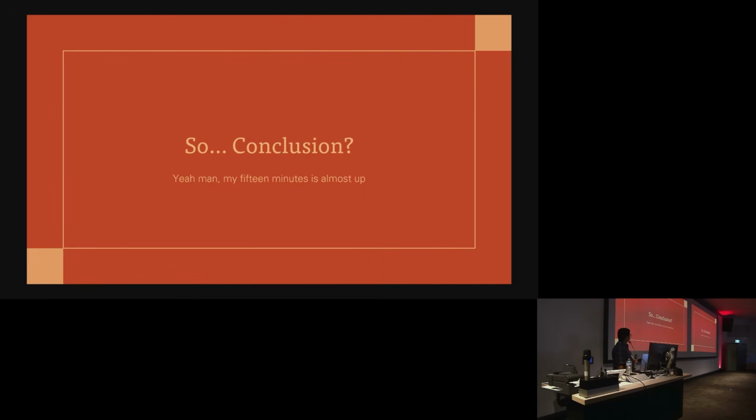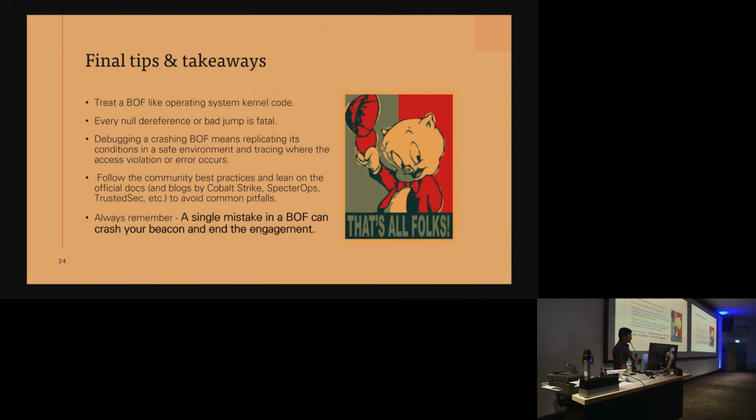So we come to the conclusion of the talk, and here I will be giving you some of my final key takeaways. The first one would be to treat a beacon object file like operating system kernel code. Just as you are working on Ring 0 while writing device driver code, you have to do the same for a beacon object file. Remember that every null reference or bad jump is fatal.